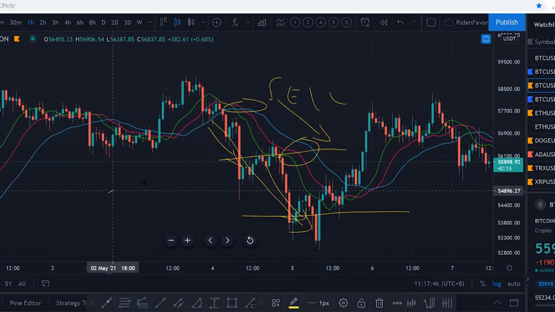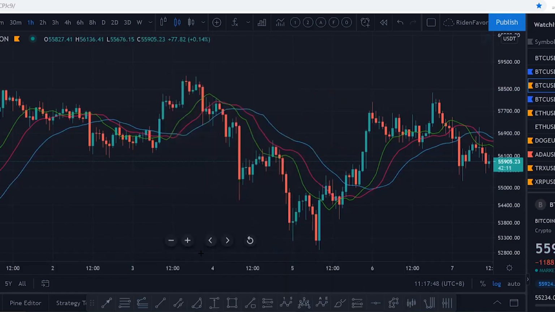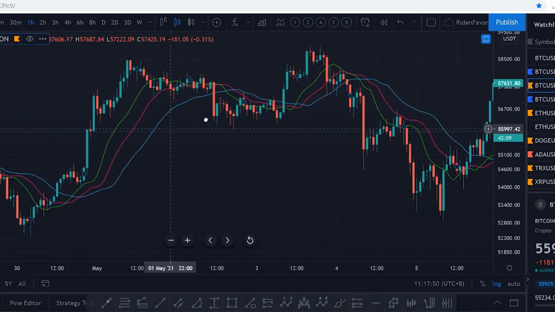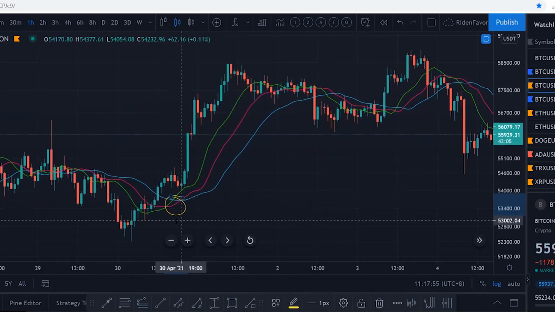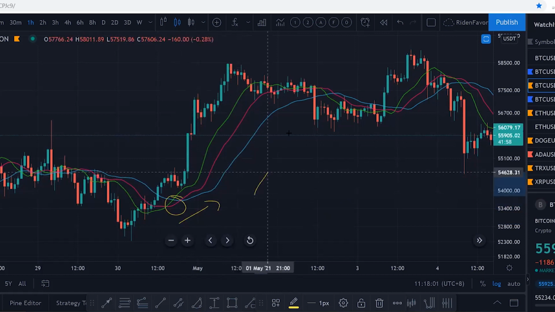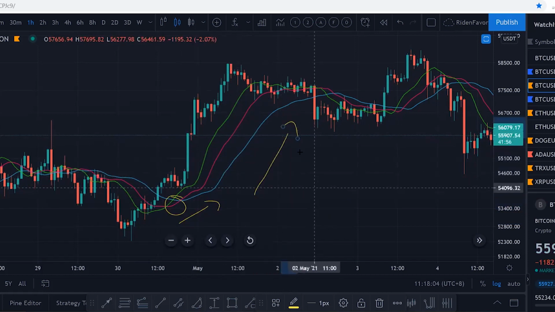So definitely you can see how accurate the alligator indicator is. Whenever there is an intertwining, an overlap of the lips and jaw, the green and red going upward, this is the time to sell. And it goes up, and there is a good position also.